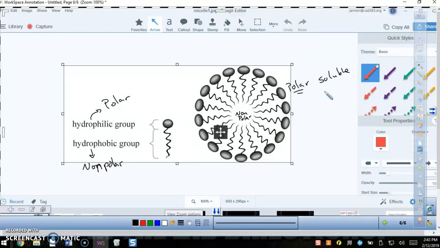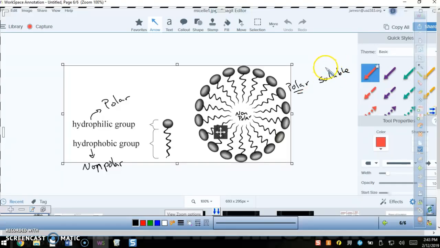All detergents and soaps work the same way, whether it's dishwashing detergent, clothing detergent, or hand soap. It works by creating this micelle around the particle that is nonpolar, not soluble in water, and it forms a soluble barrier around it for the water to pick it up and carry it away.